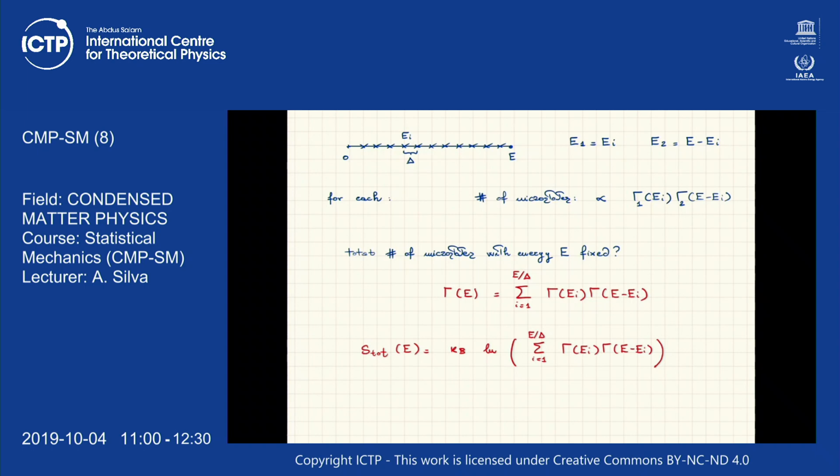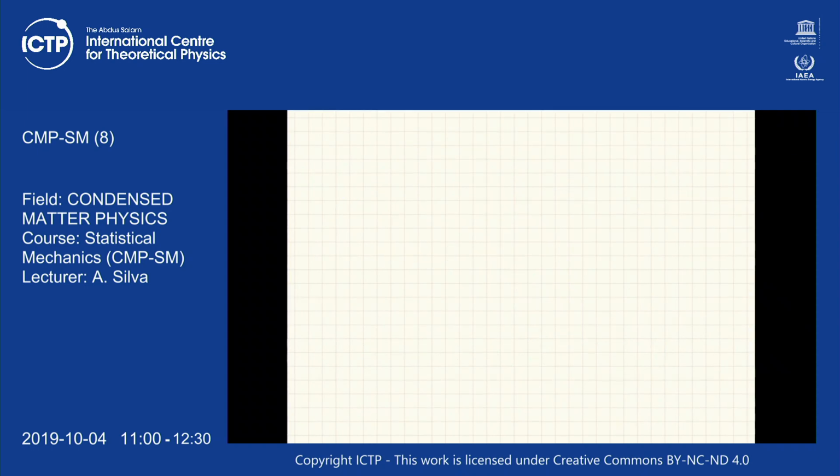And now, these terms in this sum are not all equivalent. They're not all the same. There is one gamma 1 times gamma 2 that is going to be larger than the others. Okay? So, select the gamma 1 and gamma 2 which is the largest.